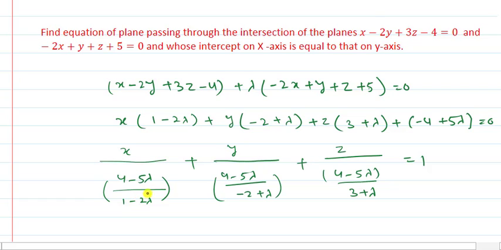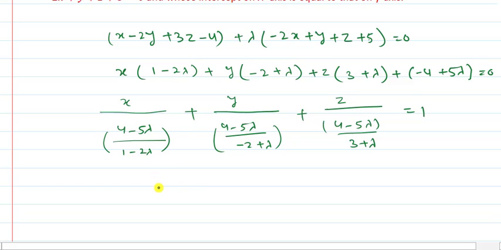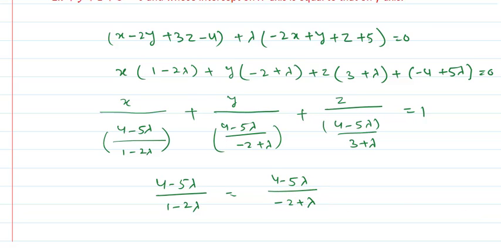Now it is given that the x-intercept is equal to the y-intercept. So let us equate these two. So we are getting 4 minus 5 lambda upon 1 minus 2 lambda is equal to 4 minus 5 lambda upon minus 2 plus lambda.